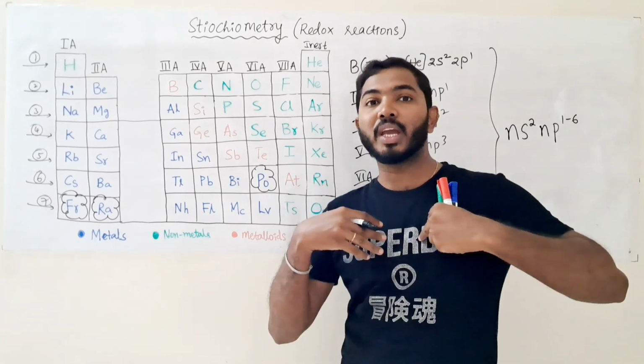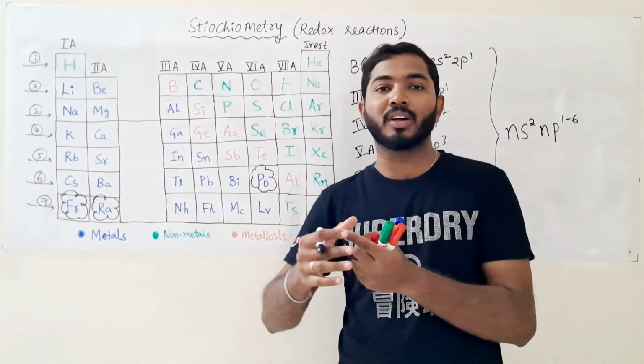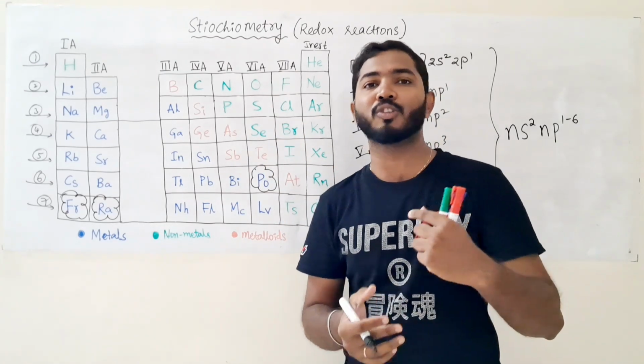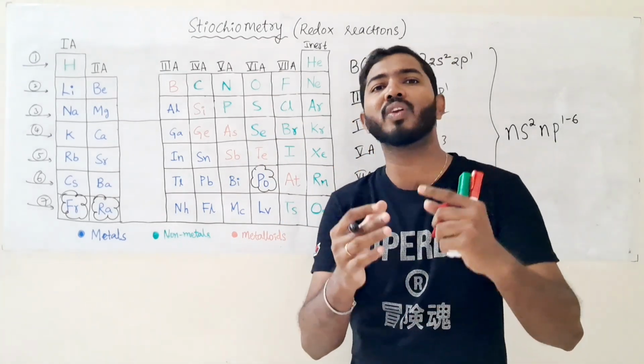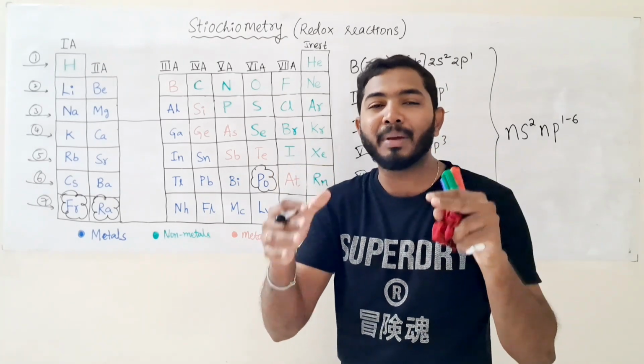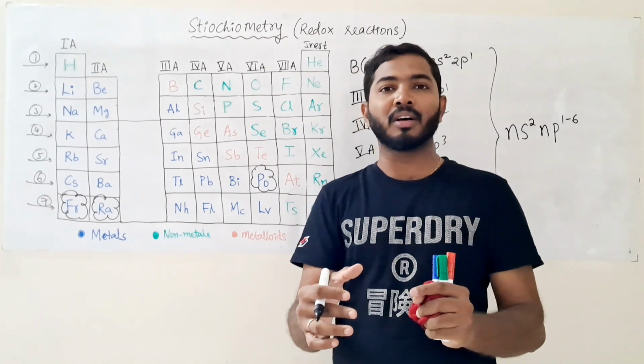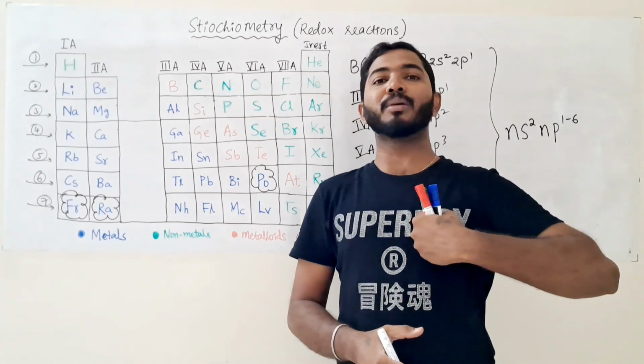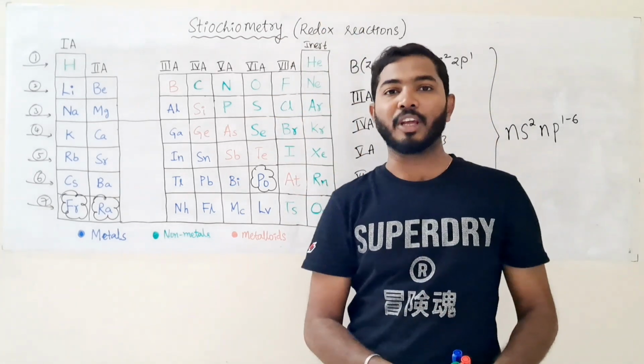Just like we want to become more stable in our own life, elements also will be interested to become more stable like the noble gases, because no one will be interested to be like a slave in front of someone. So obviously we want to become stable, and they want to become stable.